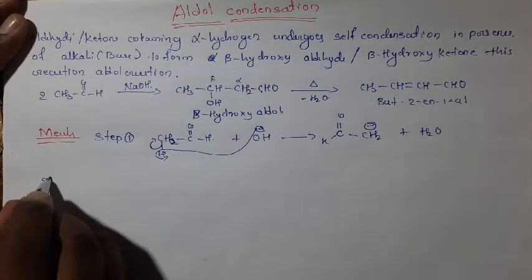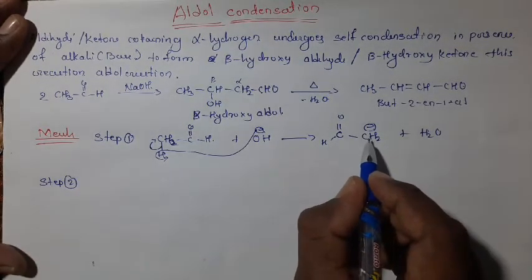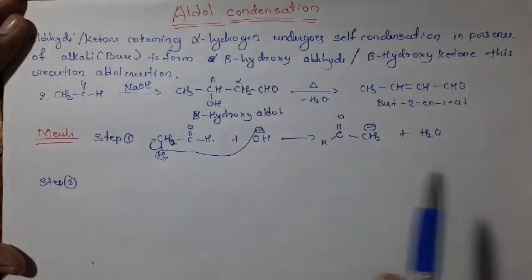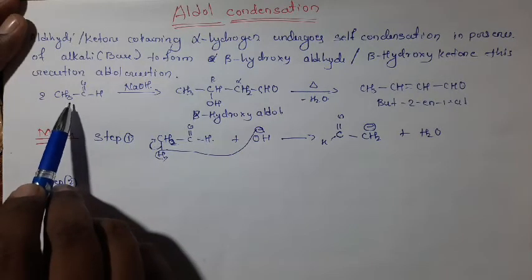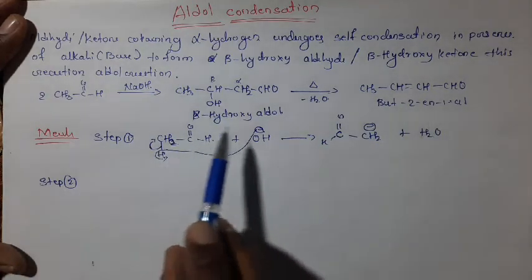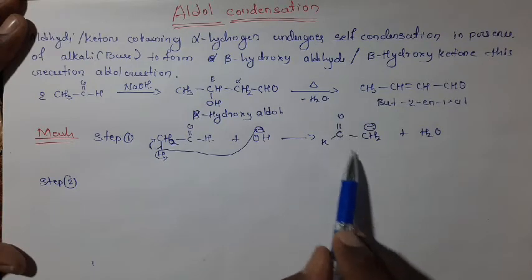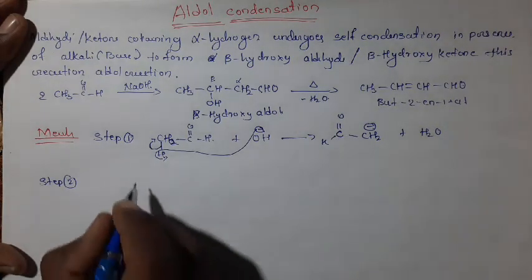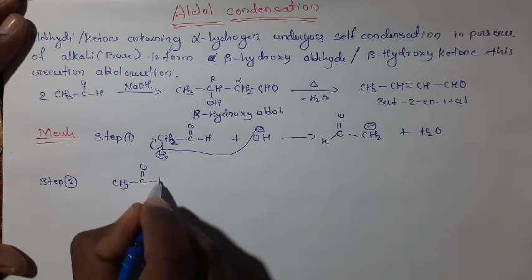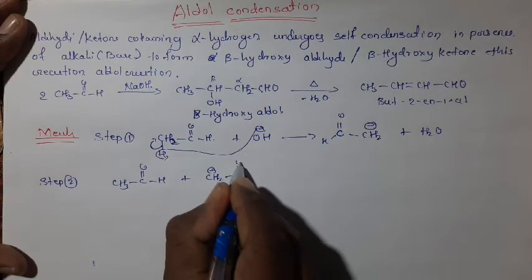In step 2, the nucleophilic attack. Here this carbanion attacks another molecule of aldehyde. Here we take two molecules of aldehyde which are condensed to give the aldol. One aldehyde reacts with the base to form a carbanion, and this carbanion attacks the carbonyl carbon. This is our other molecule of aldehyde, and this is our carbanion generated in the first step.